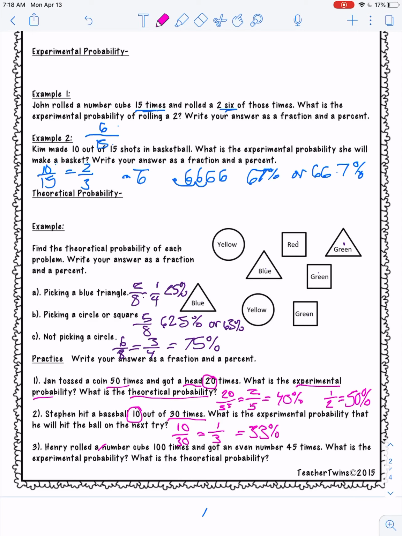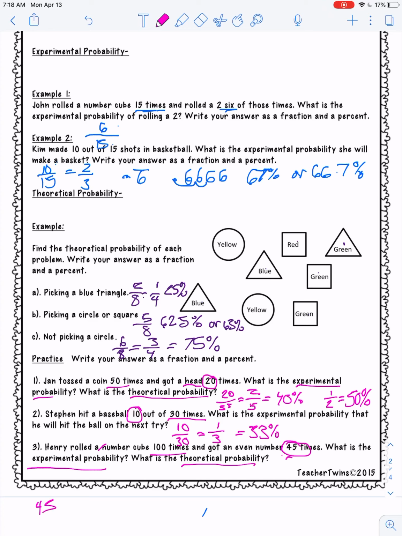And number 3, Henry rolled a number cube 100 times and got an even number 45 times. What is the experimental probability? What is the theoretical probability? So we need to find both again. So we're taking theoretical and experimental. So our experimental, we have 45 favorable outcomes out of 100 times.